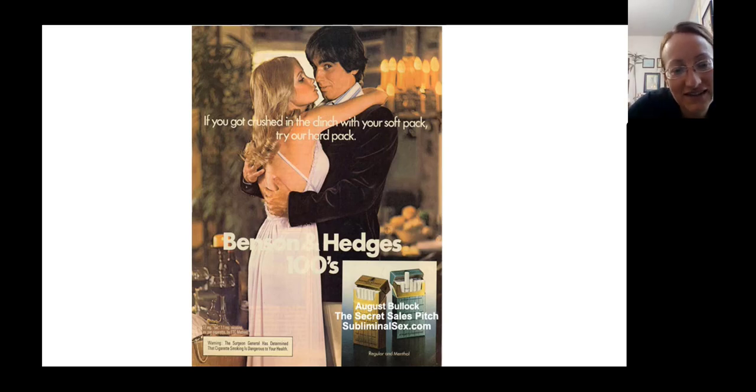So the one cigarette sticking out, well, I think that's a little bit suggestive, but it's not subliminal because you can see that so obviously. When you see it, you can't unsee it.